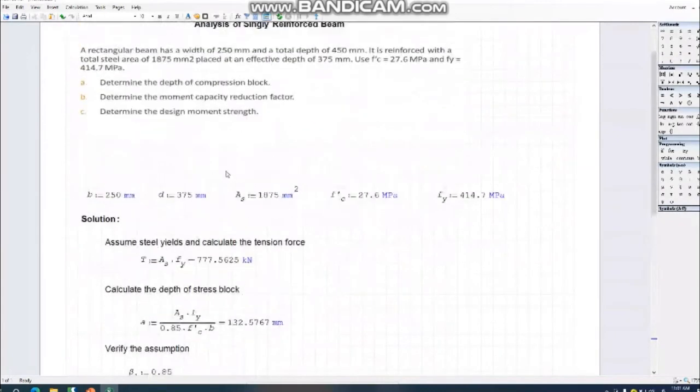The next step is to determine the design moment capacity reduction factor. To check whether it is tension controlled or compression controlled, you have to calculate the net tensile strain.